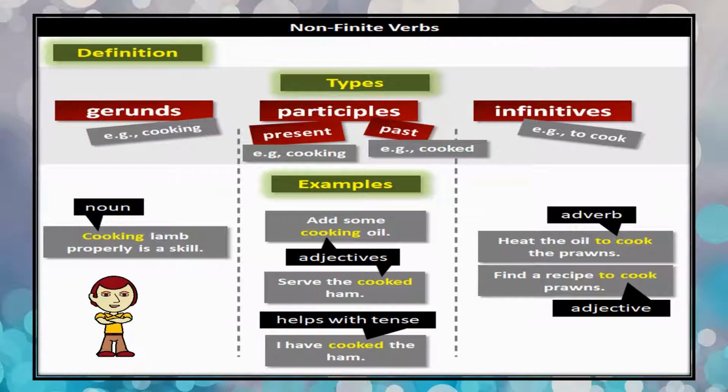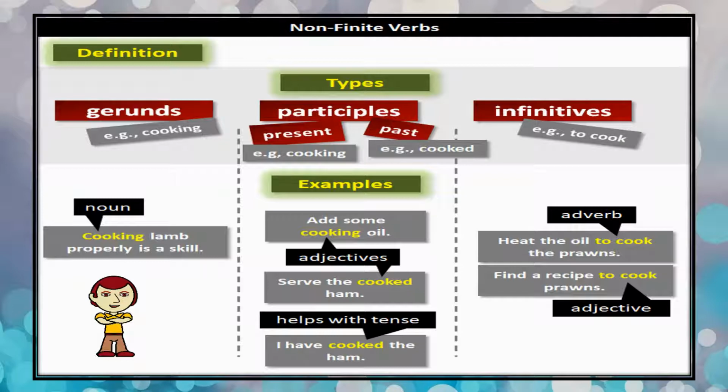Here, cooking is used in place of a noun, so it is a gerund. Examples again: add some cooking oil. Here cooking is used as an adjective. I have cooked the hams. Again, the ed is there, so it is a participle and it shows that the work is already done.